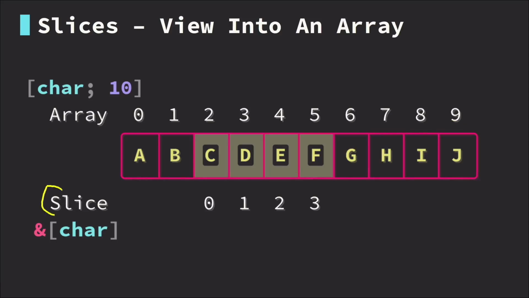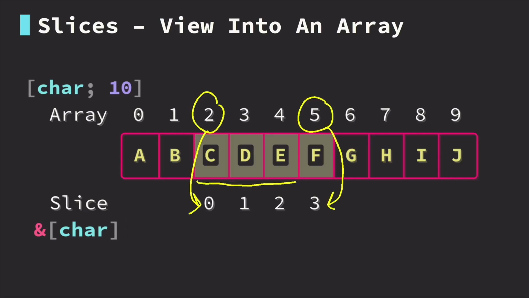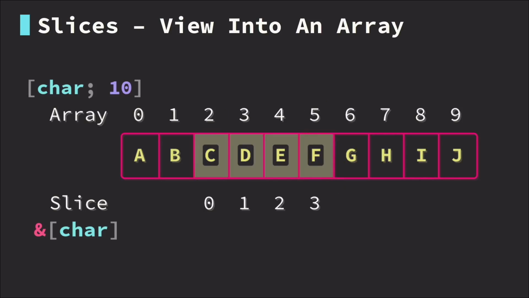If we slice into it by using the ampersand to slice and make a new character slice, we can slice, for example, at index 2, which will translate for the slice to index 0. We can end at index 5, and our slice will end at index 3, because our slice only contains 4 elements. So when we create our slice, it only has access to this information in here.